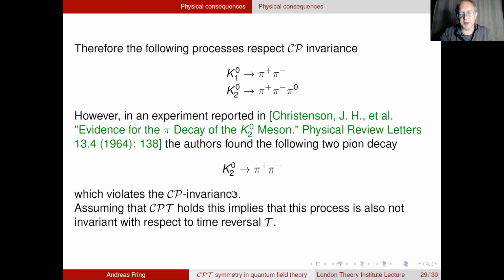So this was the first observation of CP violation. While CPT is assumed to hold in all processes, the individual transformations and even combinations such as CP can be violated. As a consequence here, if CP is violated, then also time reversal must be violated in this process, right? And then the combination will again compensate, and we expect this to be CPT-symmetric.